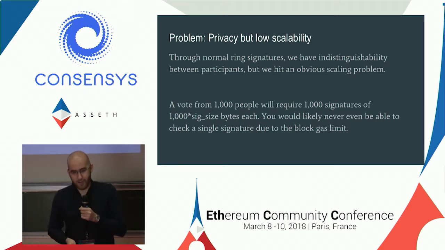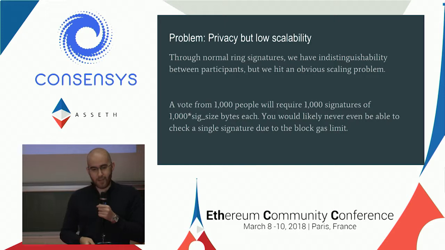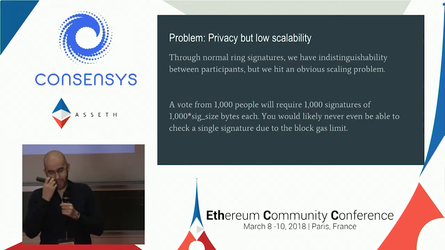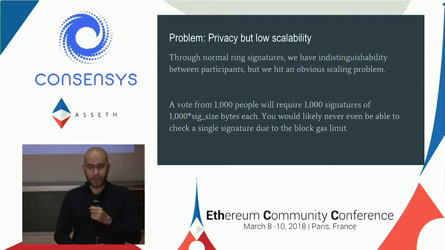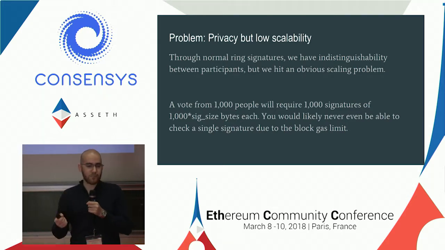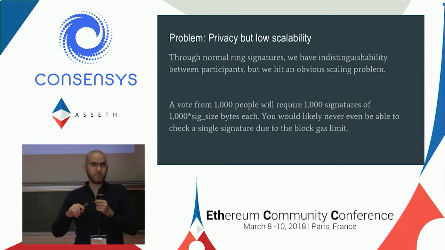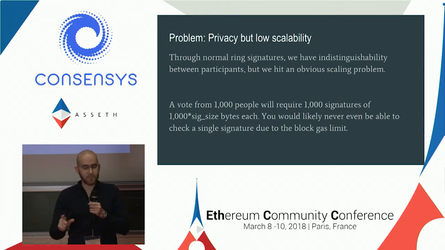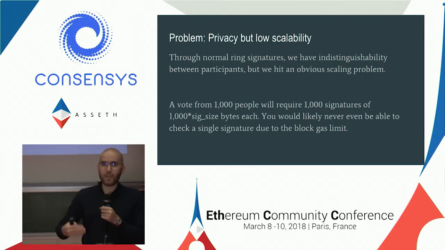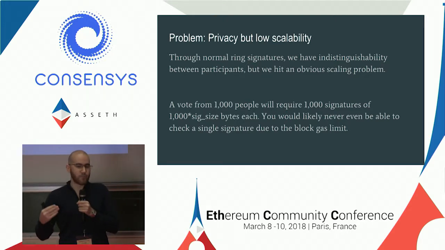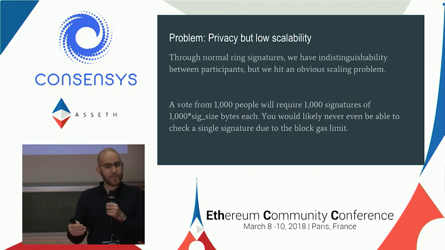So again, this would be 1,000 times 100 times 1,000, which is ridiculous. It's a ridiculous size. And I think even if you do it with the best opcodes right now, the most optimized EVM assembly, you hit a limit at about a ring of 10 to 15 people.